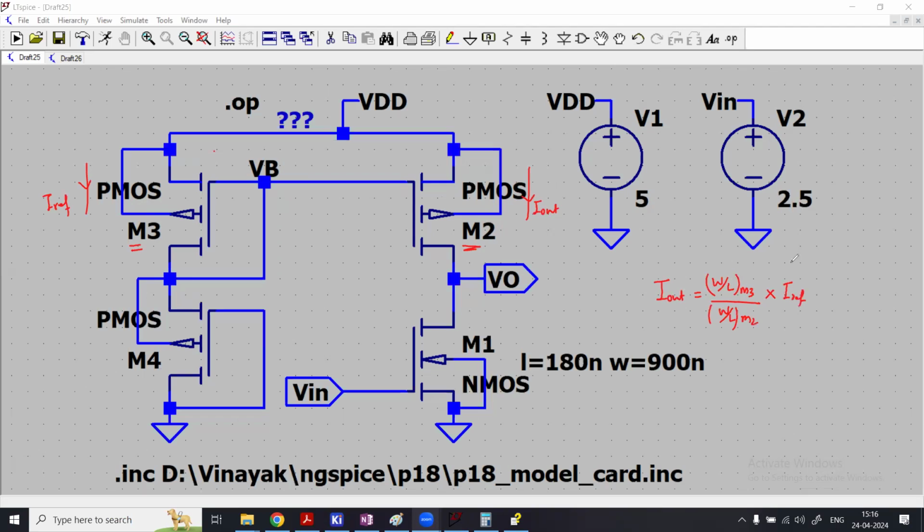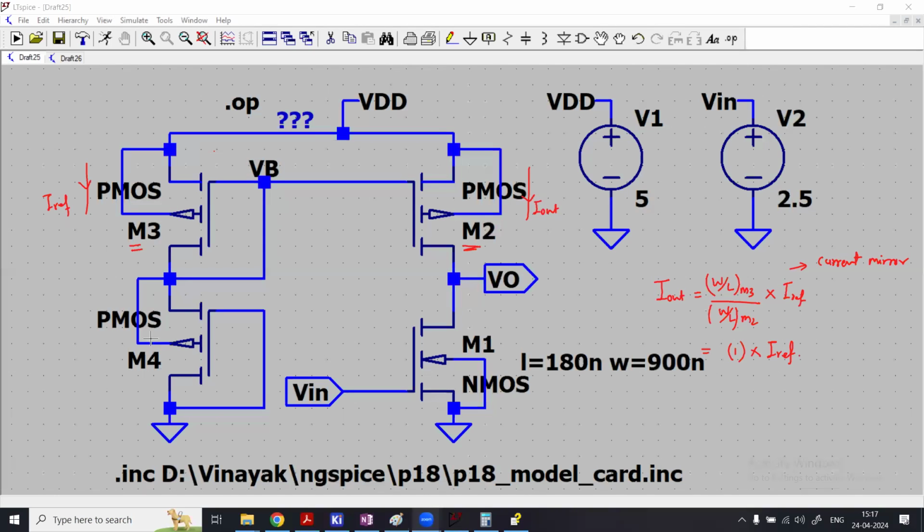So that's the equation when you design the current mirror circuit. So this is the PMOS current mirror circuit. So obviously W by L of M3 and M2 are same, so my I out will be equal to I reference. Okay. So that's how it is.